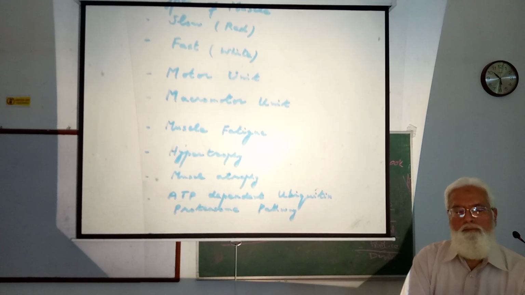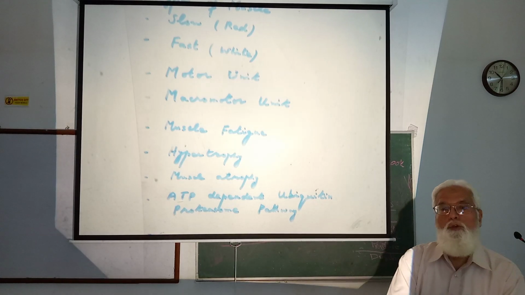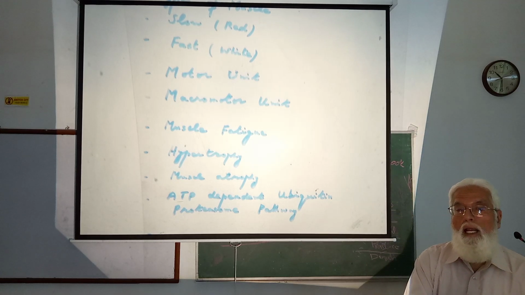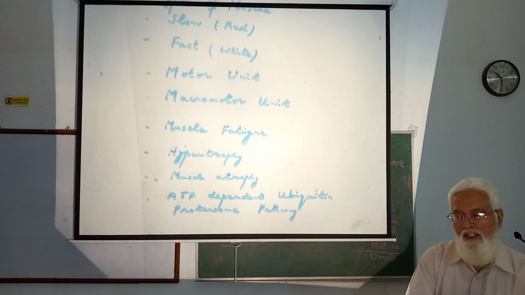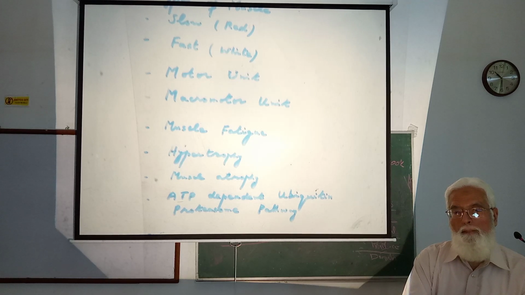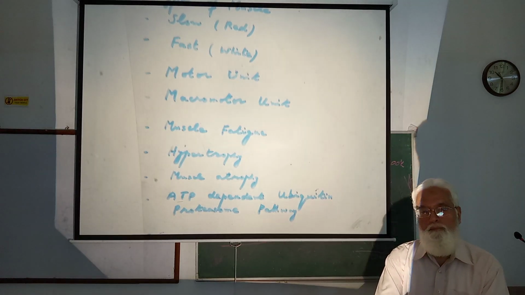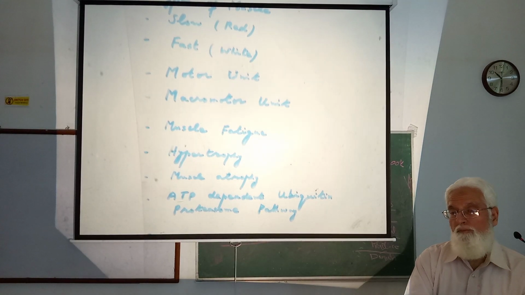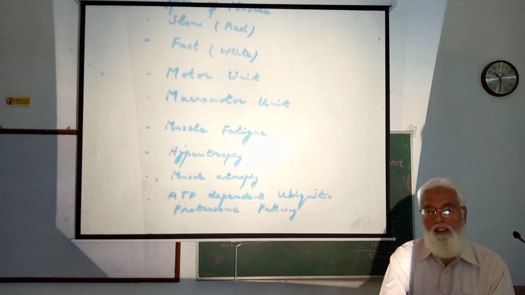In muscle fatigue, there is depletion of muscle glycogen and accumulation of lactic acid. There is hypoglycemia due to depletion of liver glycogen.